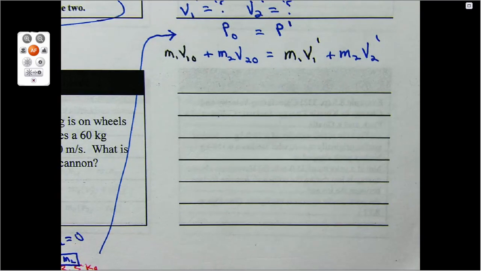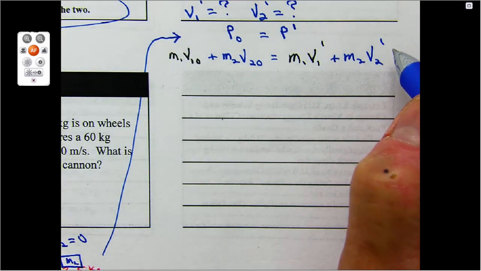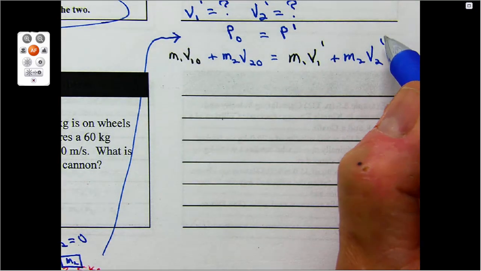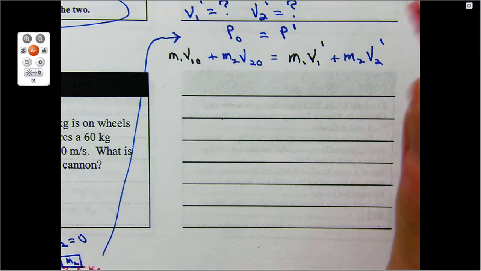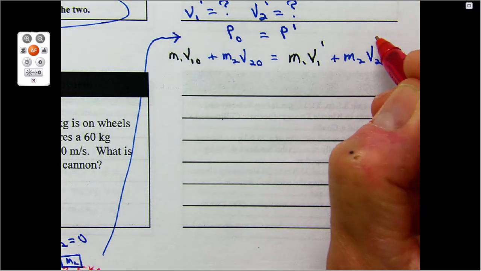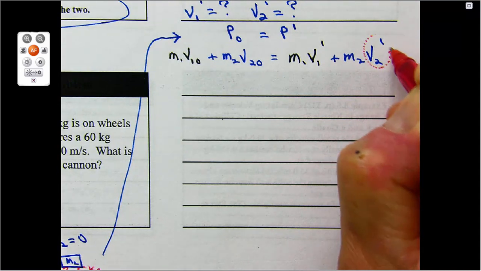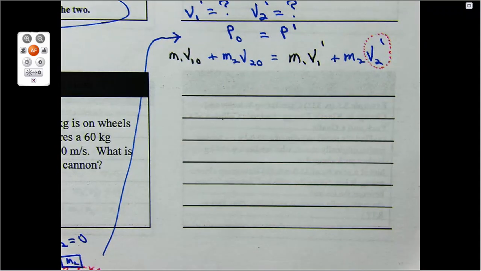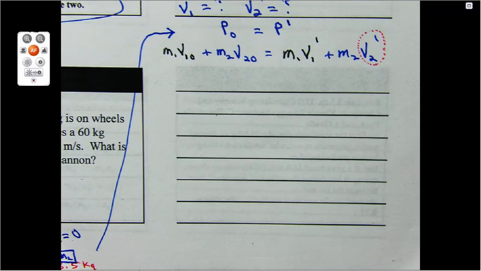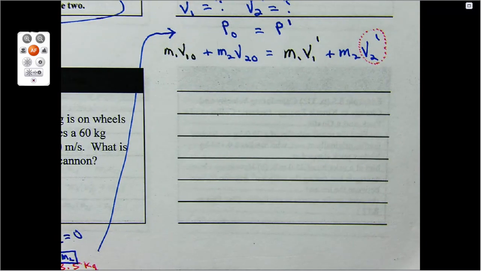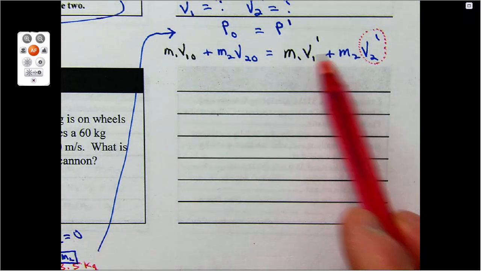And we are trying to find V2 prime. And we're trying to find V1 prime. But at this point, we have two unknowns here.